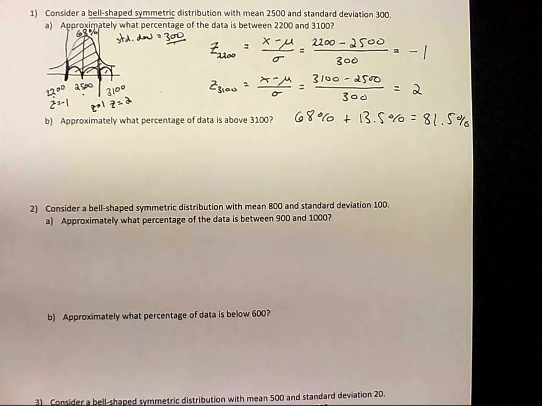Then question 1b is asking us approximately what percentage of the data is above 3100. So take a minute or so for yourself and see if you can answer the question of approximately what percent of the data is above 3100.